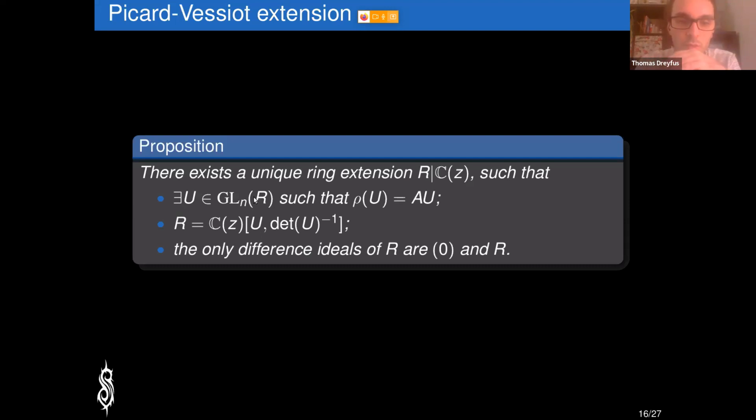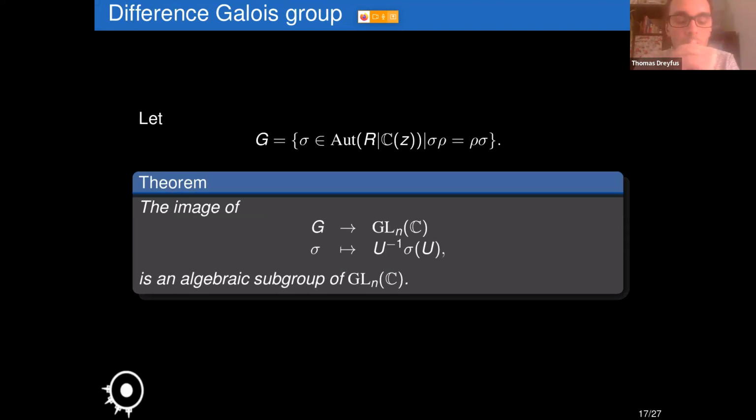By U, I mean the entries of U. And the difference ideals, I mean the ideals that are stable under rho, the only such ideals are 0 and R. So this R exists and is unique.